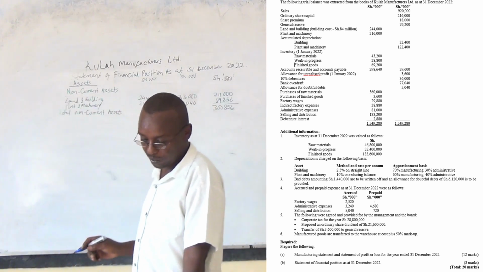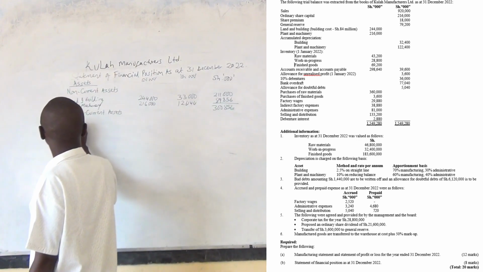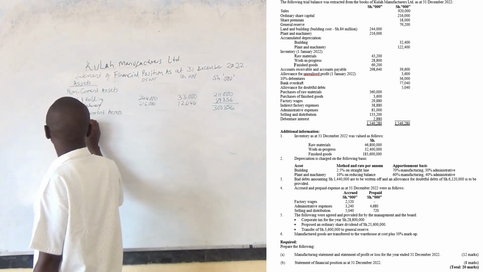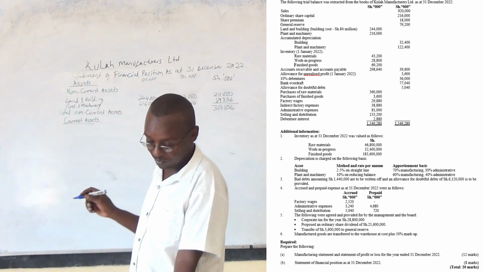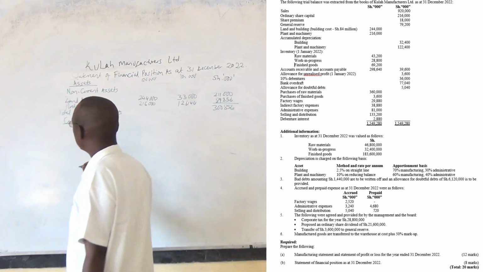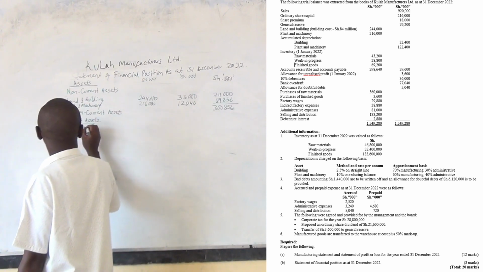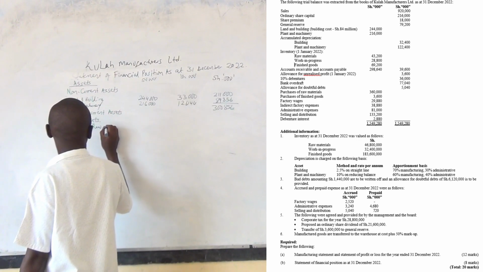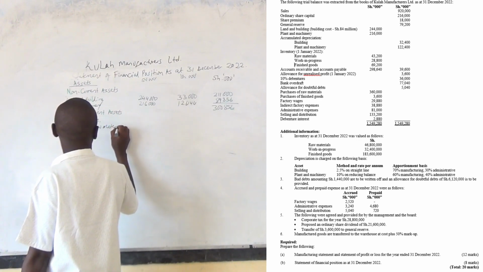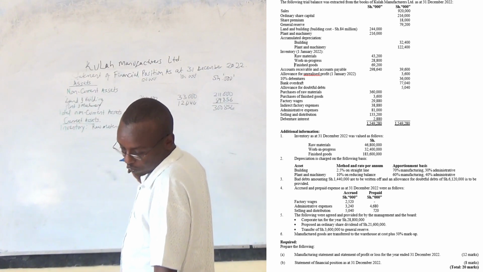Then we go to current assets. Current assets, we have inventory. Inventory, we have raw material. Of how much? 46,800.